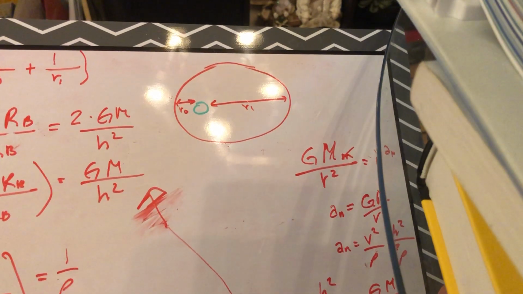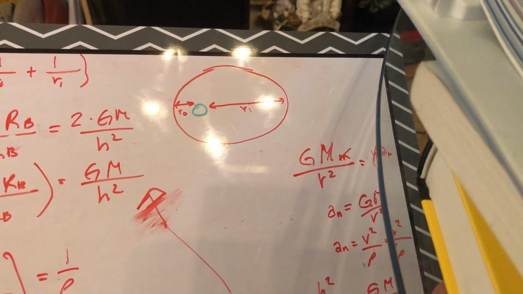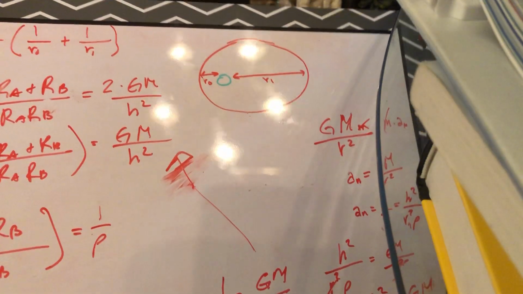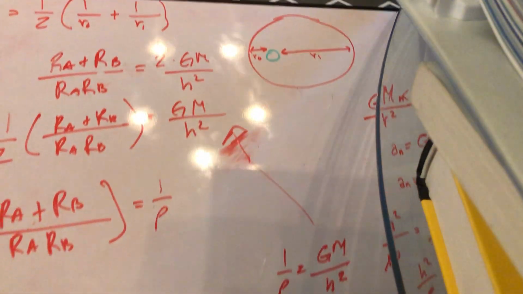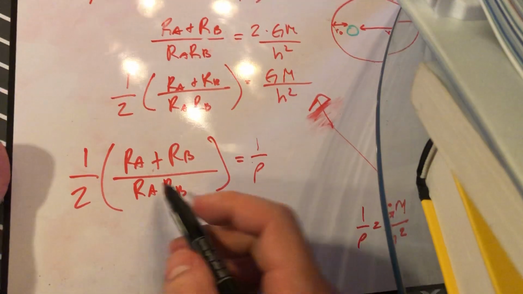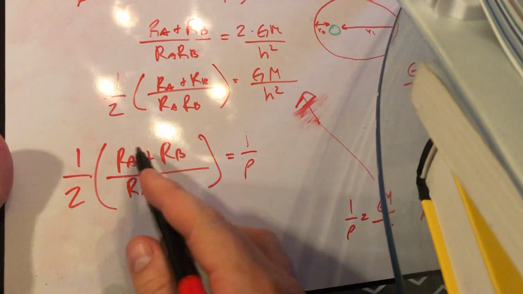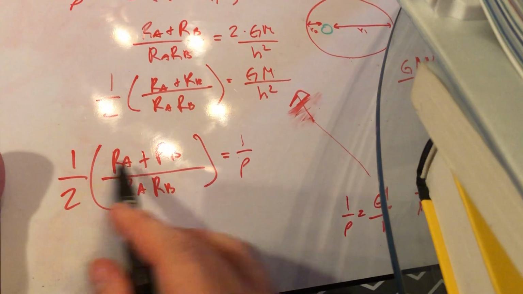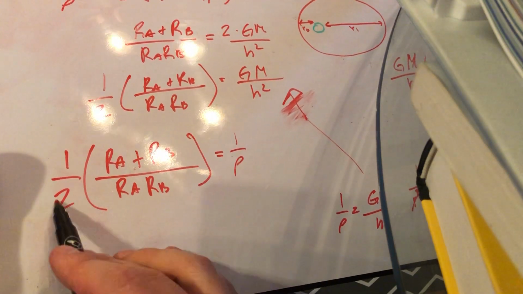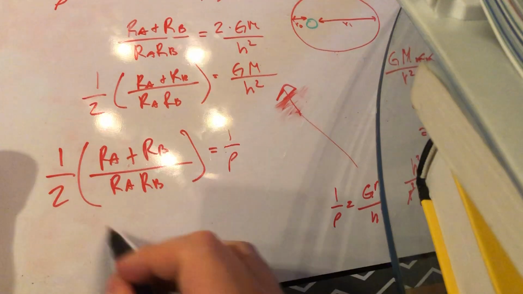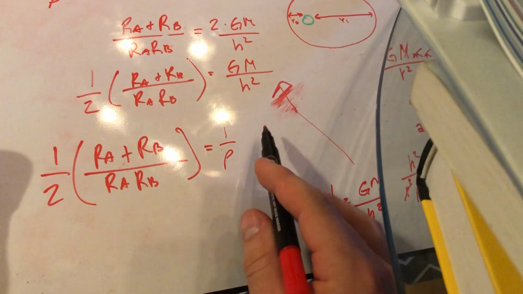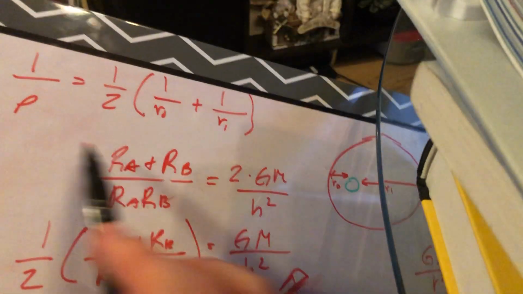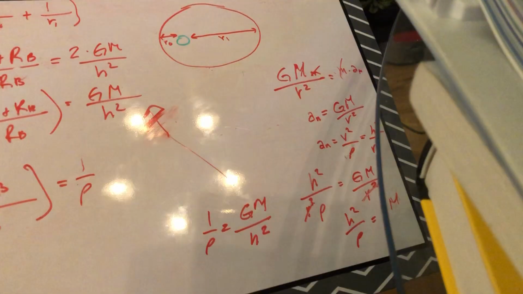And where we can separate this out, if you were really anal about it, is RA over RA RB. The RAs cancel out, we have 1 over RB. Separate RB, that cancels out, we have 1 over RA, which is the same as we have here.